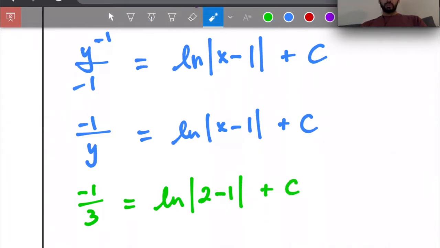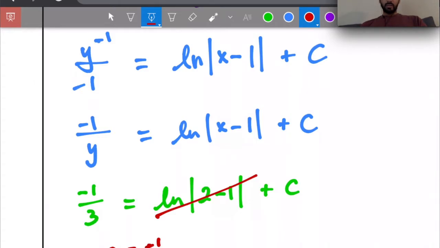So now let's see if we can simplify this down a little bit. If you look on your study guide, natural log of 1 is equal to 0. So I can cancel that out, that's a 0. So that means c is equal to -1/3.